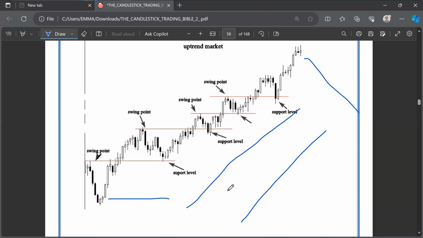Even though we can still call them support and resistance level, the horizontal lines are the basic or common way of referring to them as support and resistance. Those in the diagonal form, we call trend lines, even though you could also use them as support and resistance level.